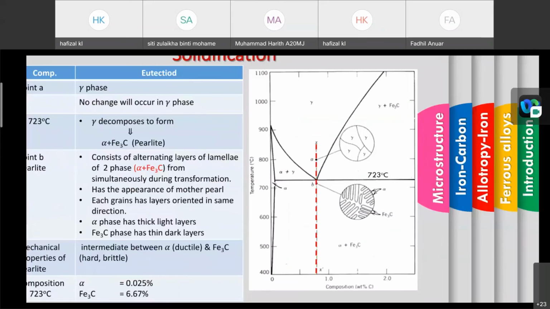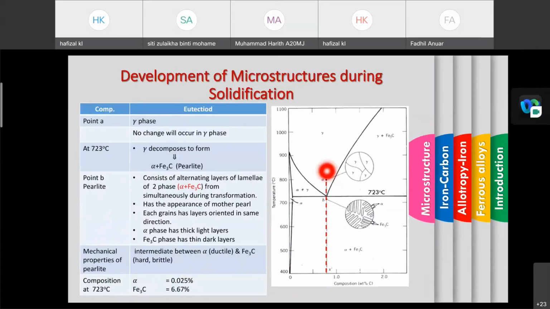Please look at this point A, whereby we have the gamma ferrous, or we call it gamma iron. In this area, the microstructure is something like this, whereby we have the grain boundary here, and the phase involved in this area is the gamma.